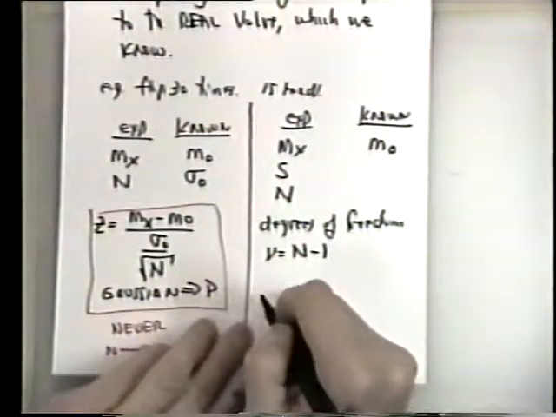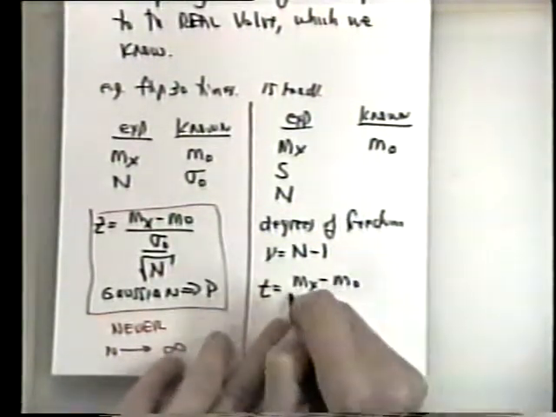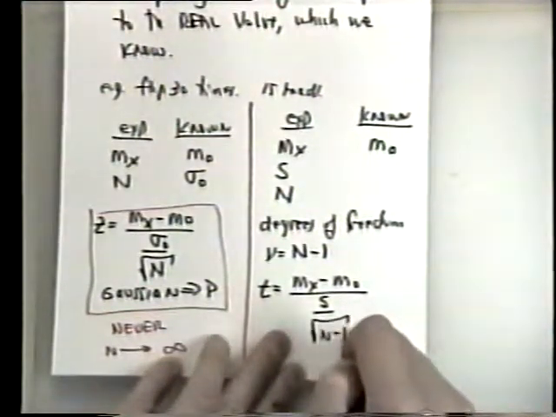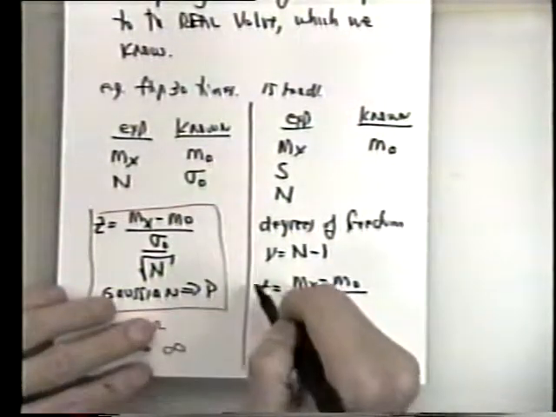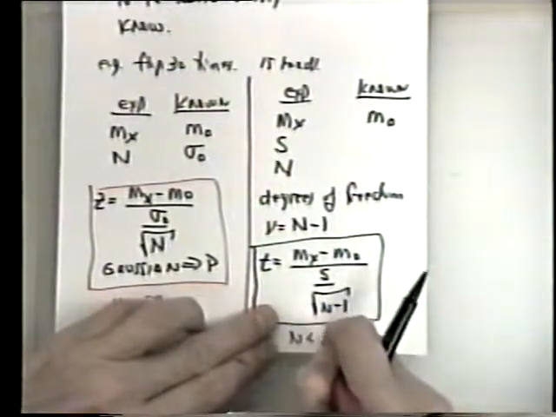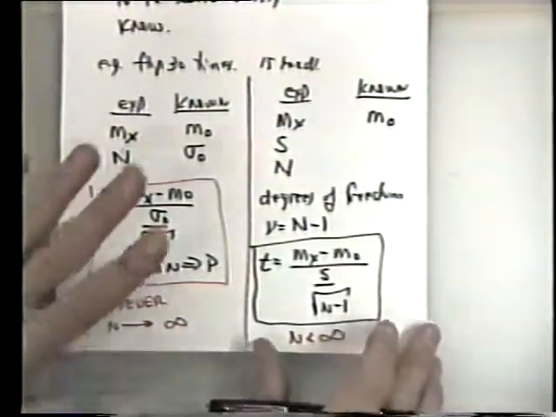And we can compute t, the t statistic, which is the difference between the experimental mean and the known mean divided by s divided by the square root of n minus 1. We should use this because n is less than infinity. Okay, we're okay on this first case.